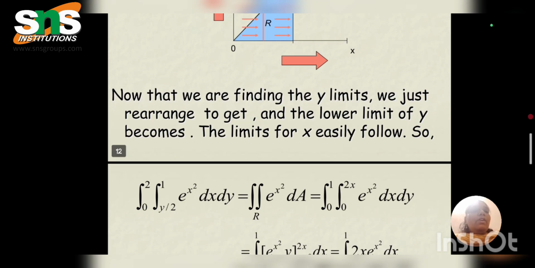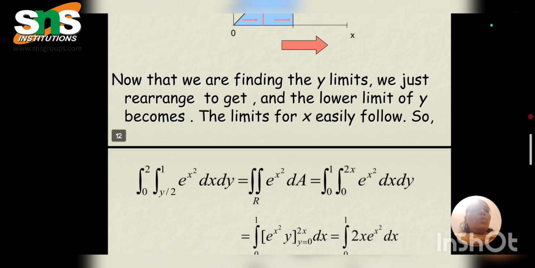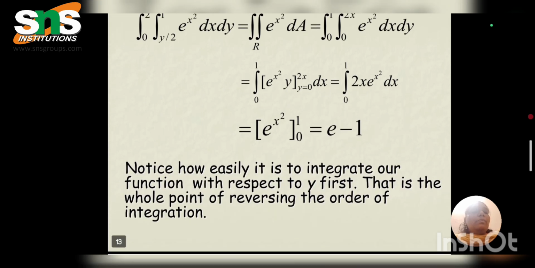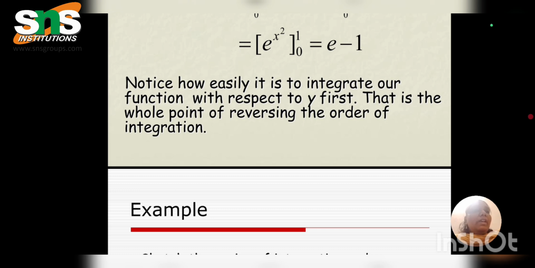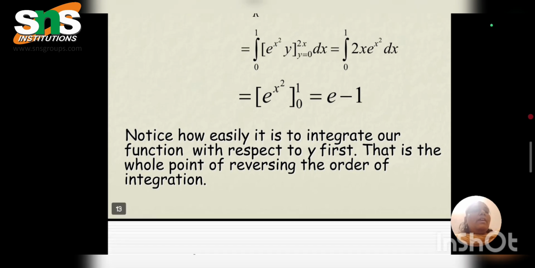So here we are splitting the limits as 0 to 2x and 0 to 1. By integrating this we will get the values. It makes us integrate the function in an easy and simple way. This is the main help of splitting up the integration.